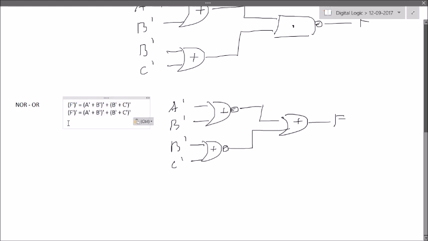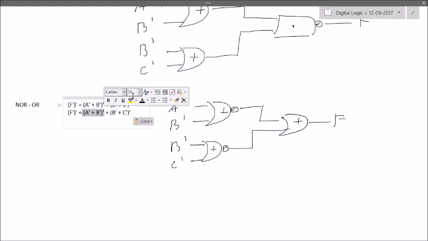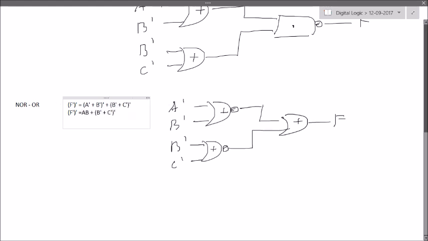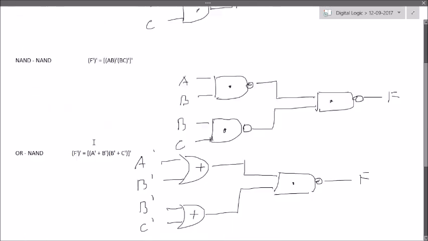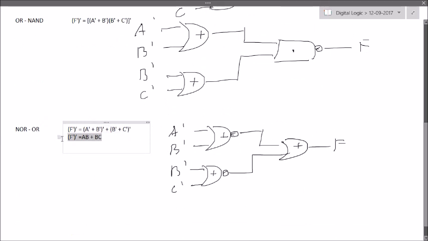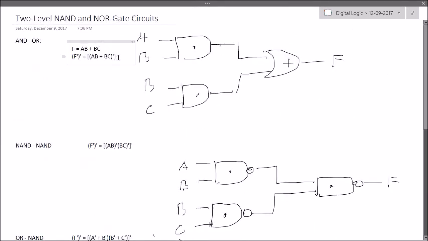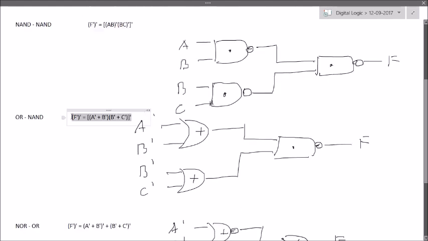This term becomes A times B, right? And this term becomes B times C. You see, we're back to an AND OR circuit again. So basically, just double prime it and apply De Morgan law until you reach the circuit that you want.